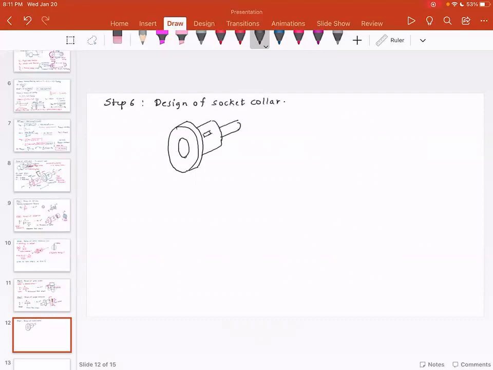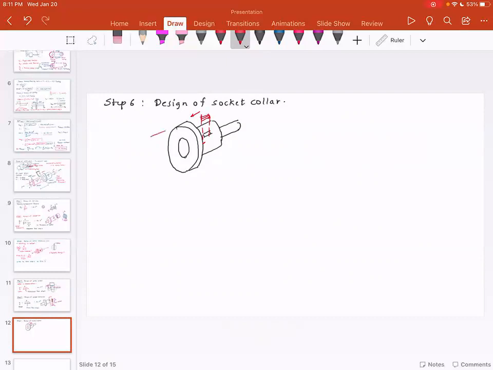And usually the failure of socket collar is because of the crushing. So imagine that you have this cotter, and what happens is this cotter crushes against the socket collar.